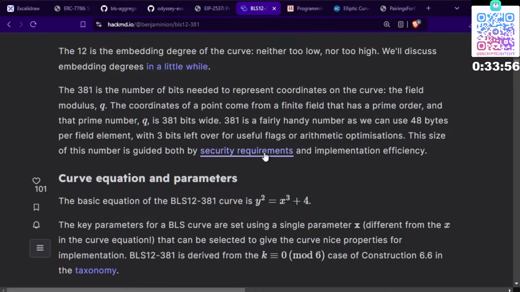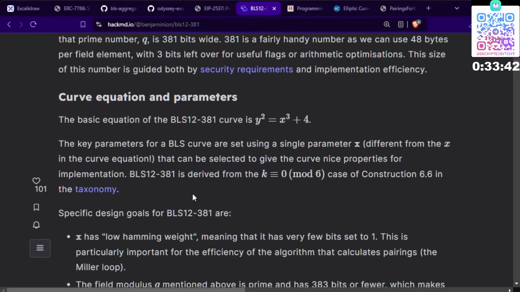What are the security requirements? Oh, this is just a different section in the same article, so we'll read that afterwards.